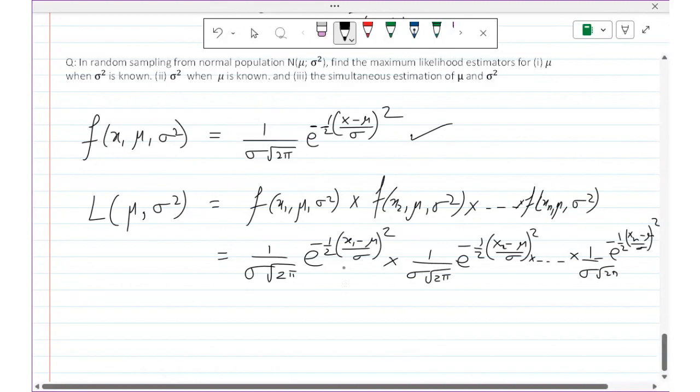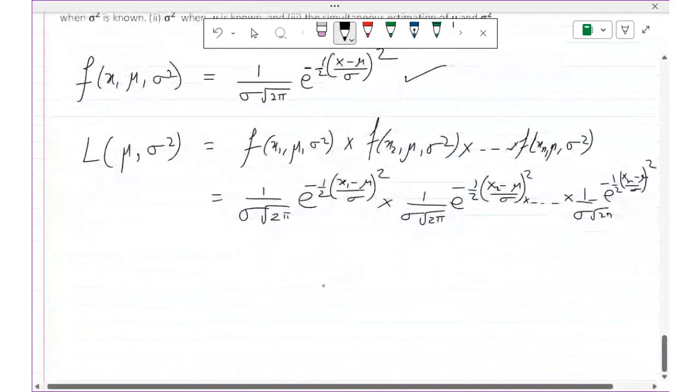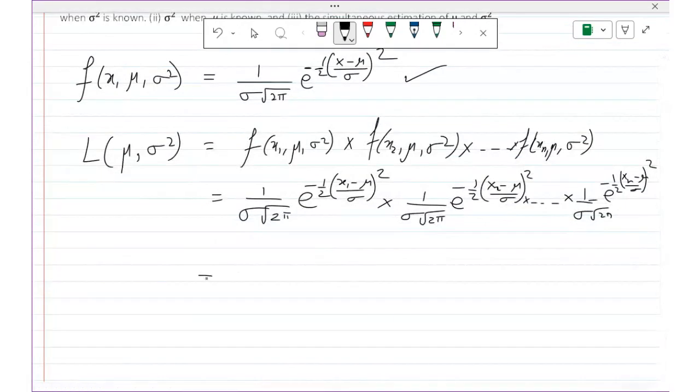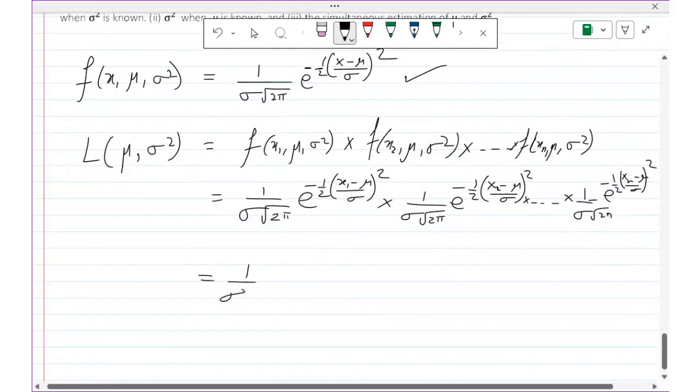So this sigma appears n times. We can write this as 1 upon sigma raised to power n, root 2 pi n times.